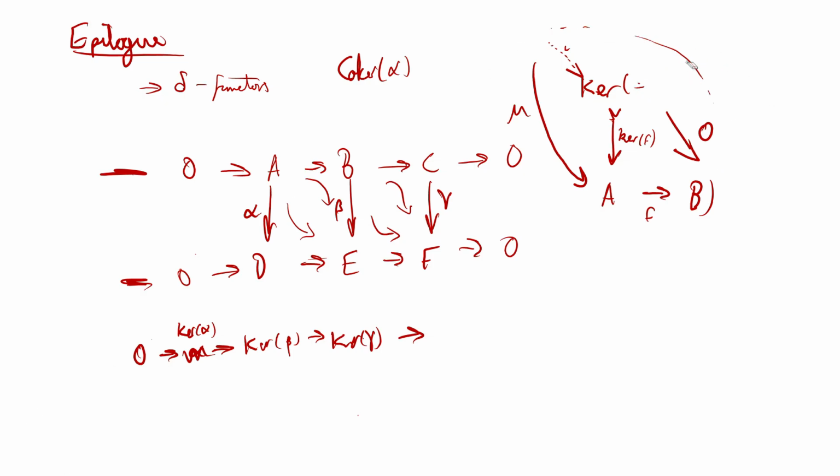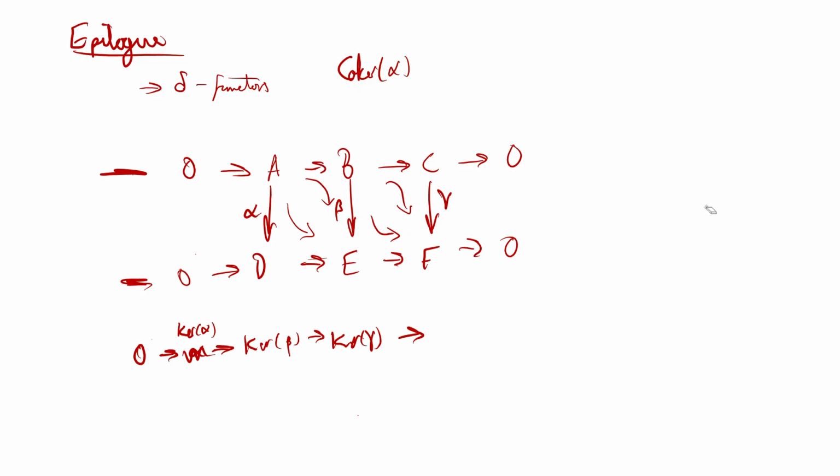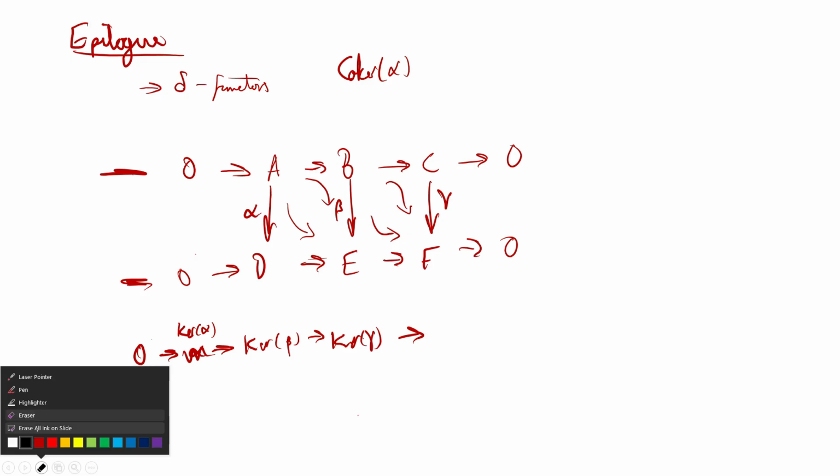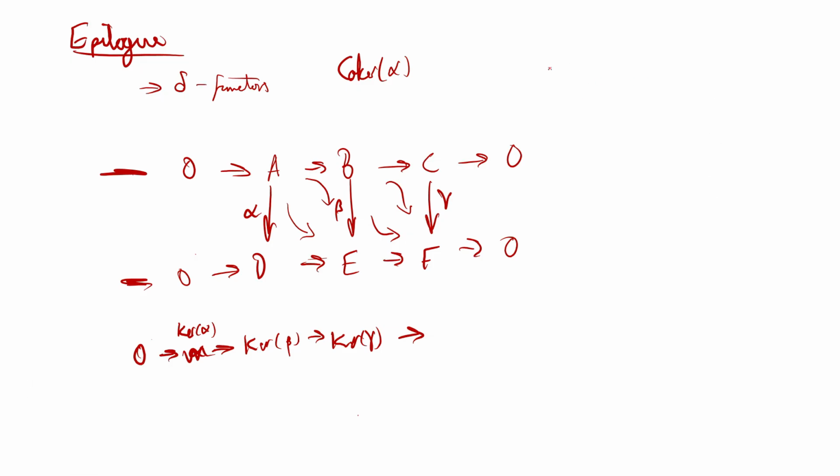Within the category of abelian groups, I don't know if it's within the category of modules over a ring, but within the category of abelian groups, which I guess is the Z-modules, the co-kernel of a function f going from A to B is, I think, B over the image.